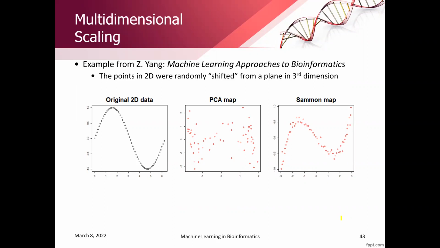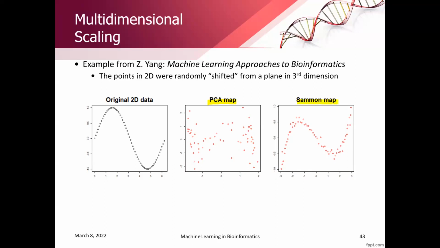But if we rotate that, then we will see that instead of a straight line, we have displaced the points. After that, we applied principal component analysis and mapped the data into 2 dimensions. The result was this, denoted here as PCA map. But if we apply multidimensional scaling, then the result is approximately this.